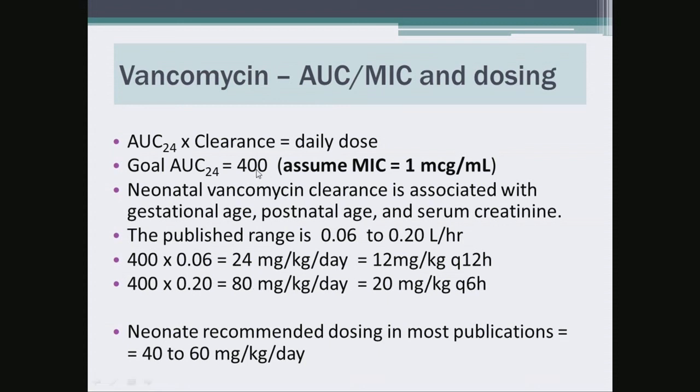Well, if the goal is 400, again assuming the MIC is 1, and we know that neonatal vancomycin clearance is associated with both gestational age and postnatal age, as well as serum creatinine, then we have a published range of GFRs, and you can take this 400 AUC and the clearance and come up with dosing of anywhere from 24 to 80 milligrams per kilogram per day. If you convert that into dosing schedules, that's somewhere between 12 milligrams per kilogram every 12 hours to 20 milligrams per kilogram every 6 hours.